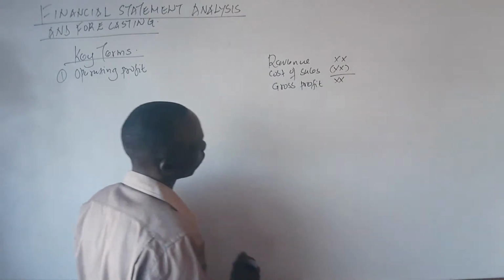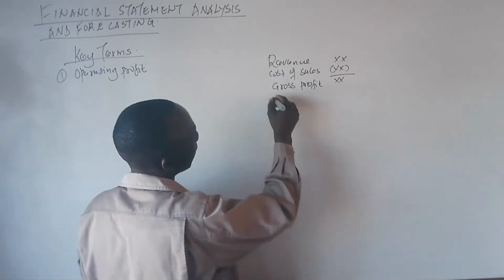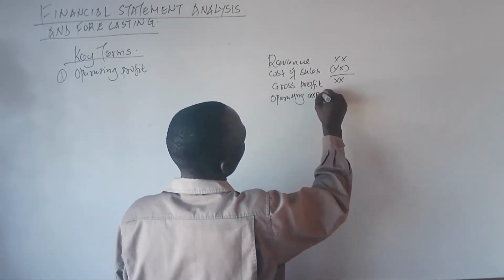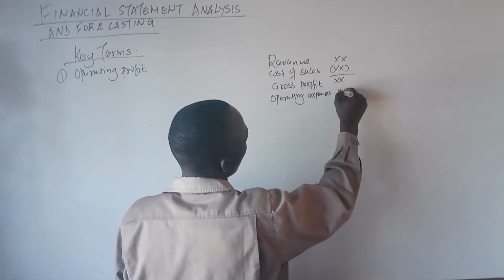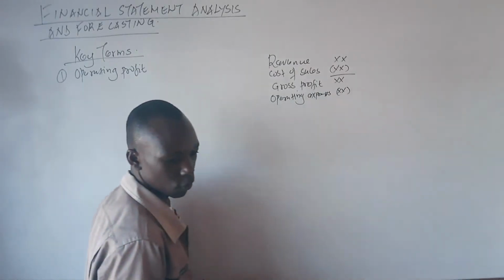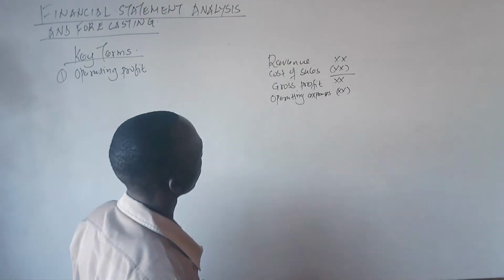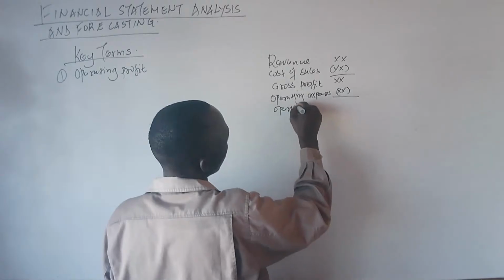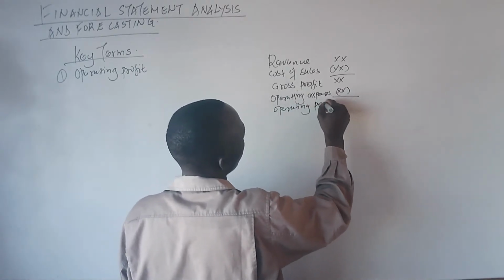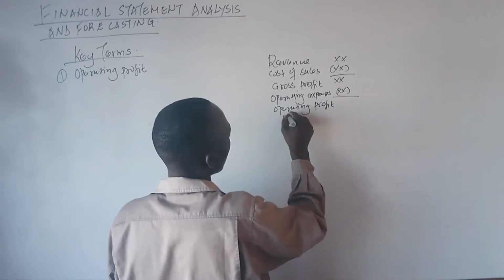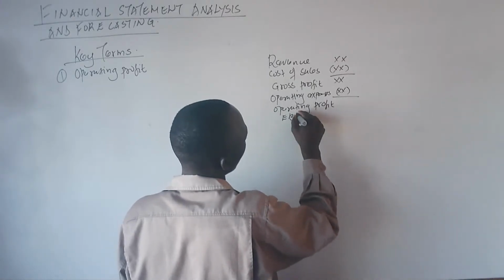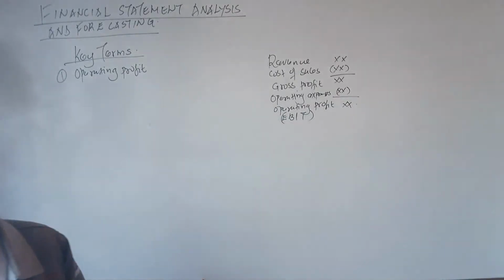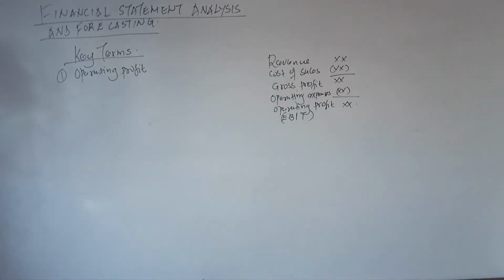Once you get the gross profit, you raise the operating expenses, such as selling and distribution, and also the admin. Then you get the operating profit, which is the same as earnings before interest and tax. That is one of the key terms.